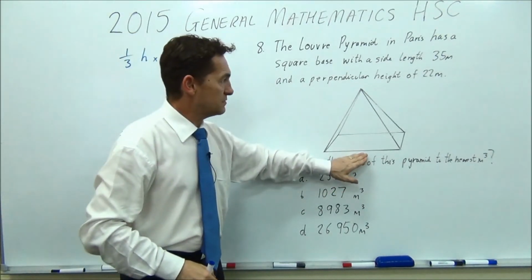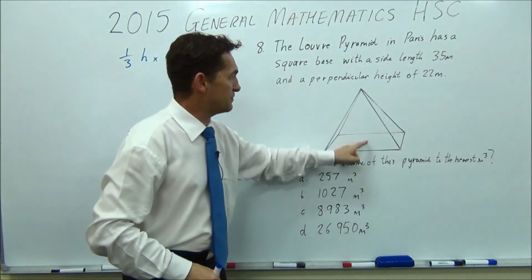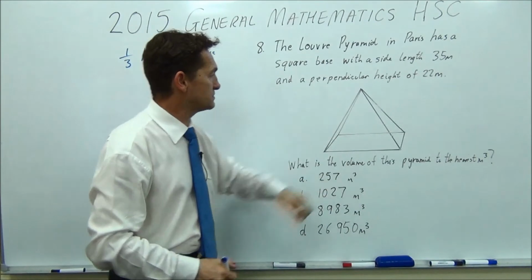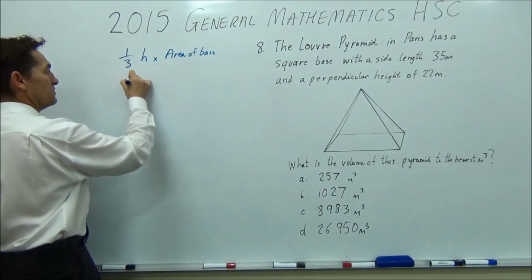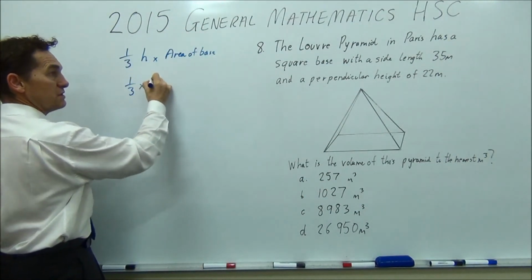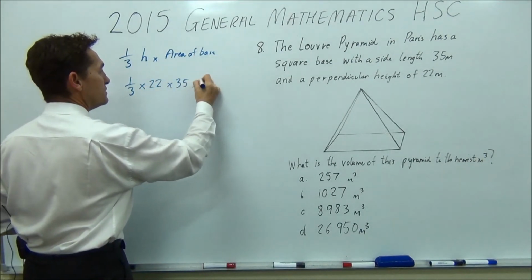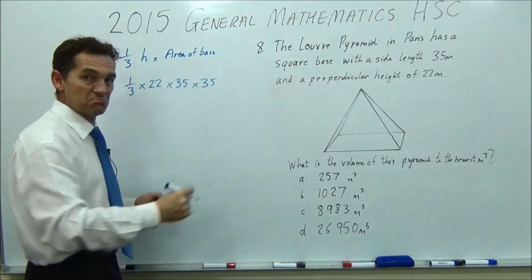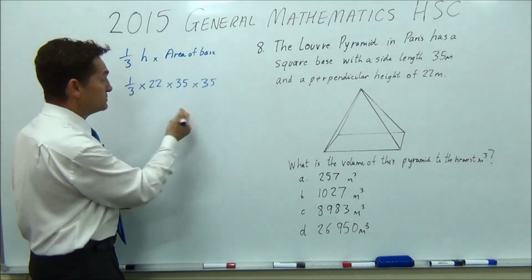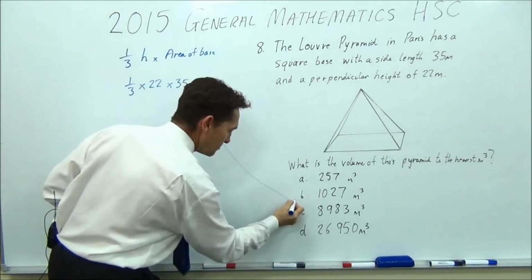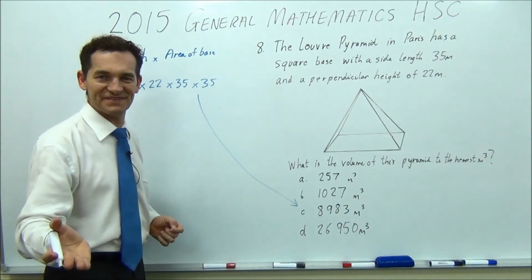So this is 35 by 35, the height's 22, so you're going to go 1/3 times 22 times 35 times 35. And pretty much that's it. So you should do that in your calculator and you get C.